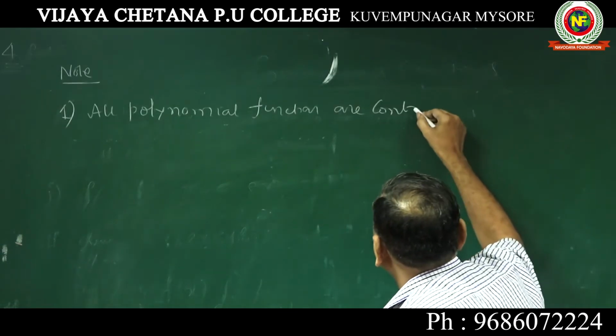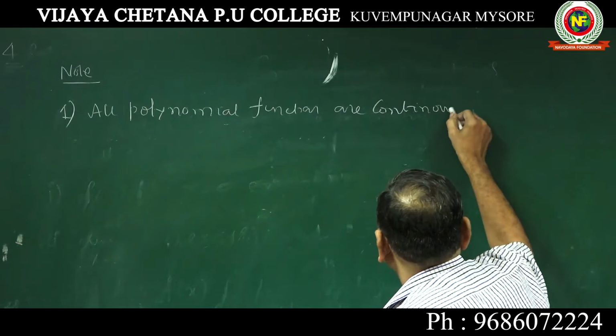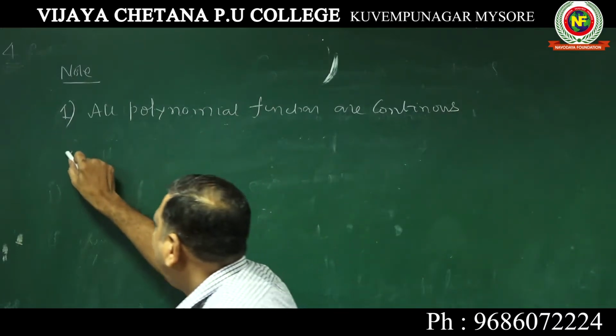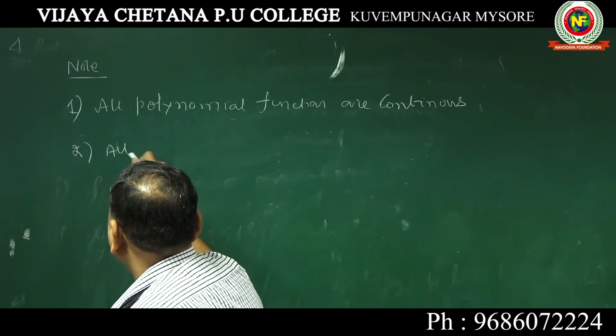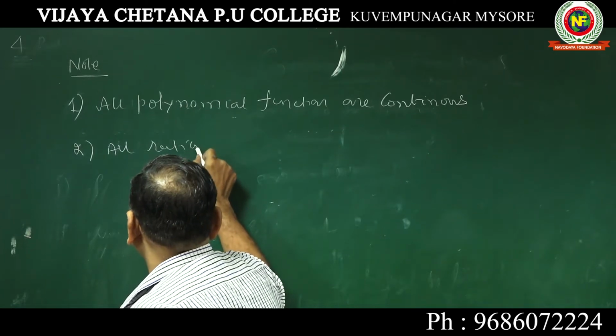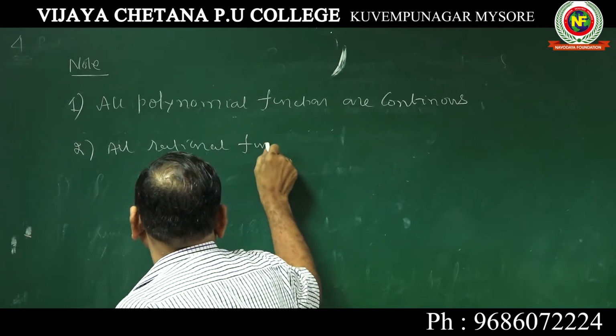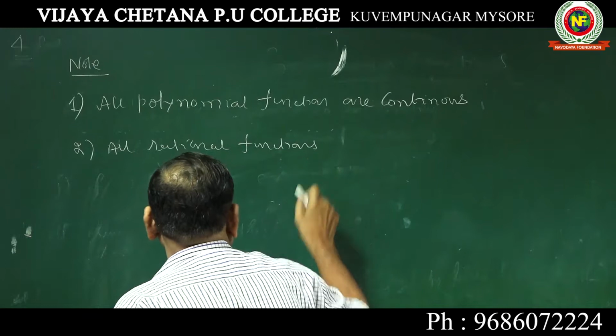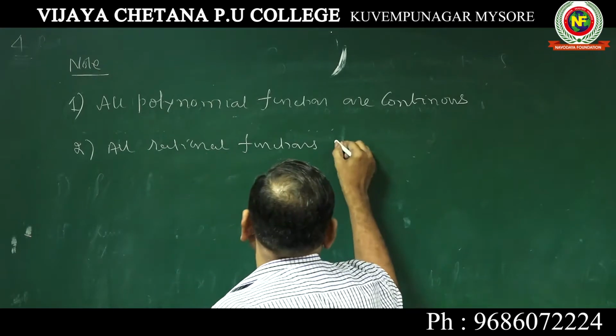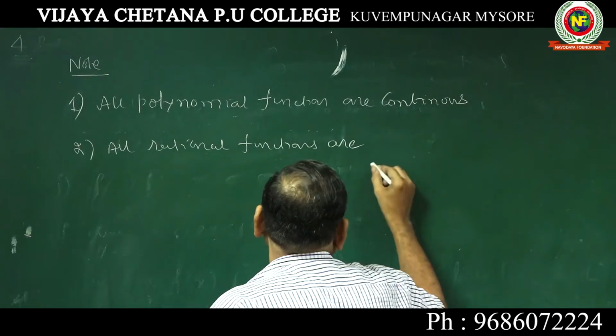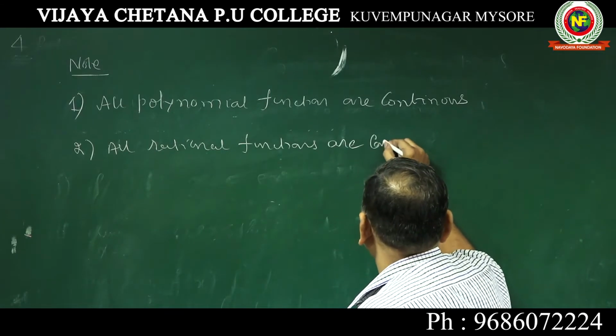All polynomial functions are continuous. Second one, all rational functions are continuous. This is a rule in continuous functions.